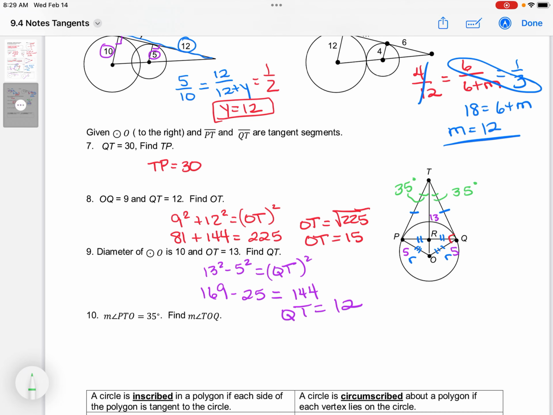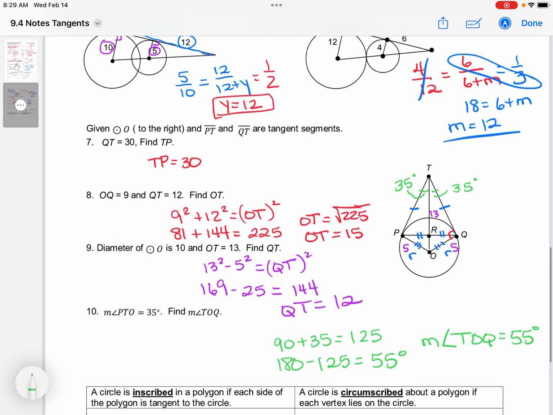So TOQ is going to be 90 plus 35, 125. So then we're going to do 180 minus 125, which is 55. So the measure of angle TOQ equals 55 degrees.